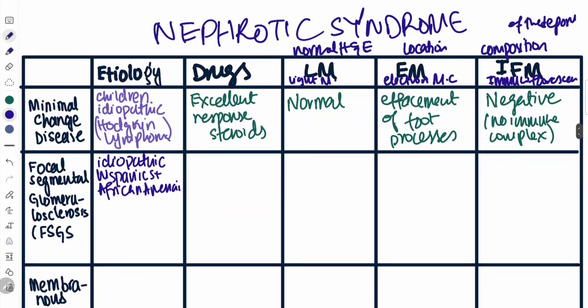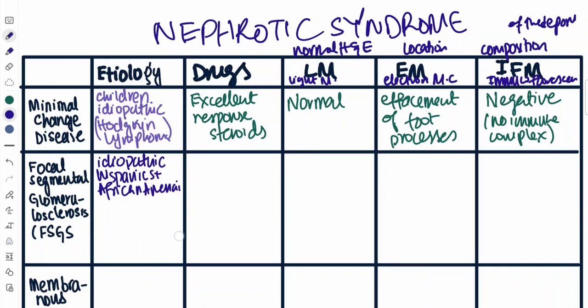If there is a child coming to your clinical OPD or in the clinical vignette, who has excessive proteinuria and edema, periorbital edema and all that, or maybe an adult is coming with a history of Hodgkin lymphoma, these are clues that the examiner is pointing towards minimal change disease. So if it's idiopathic or a person is of Hispanic origin or African American, it is pointing towards focal segmental glomerulosclerosis, right?